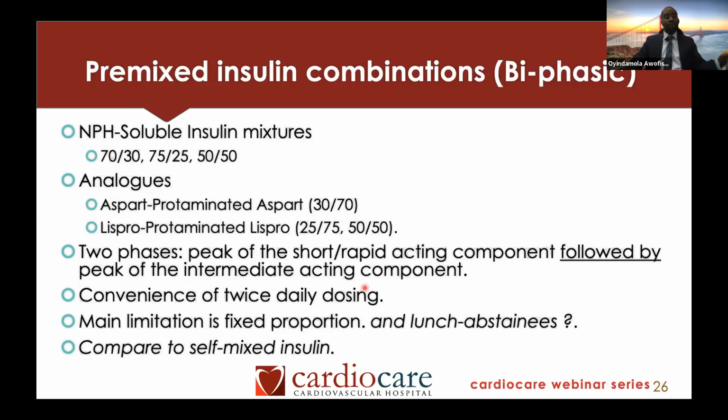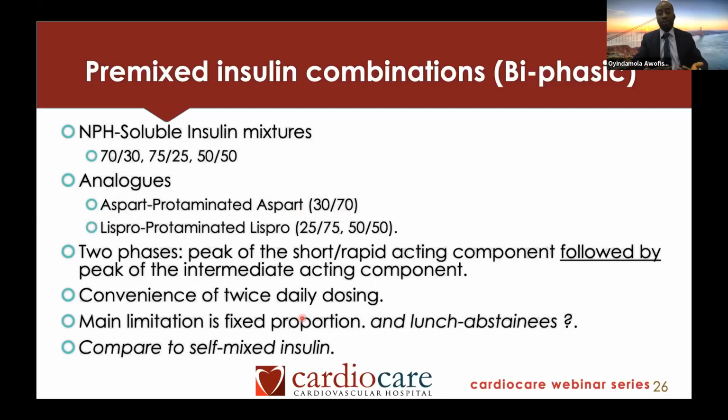The beauty of premixed insulin in people that need it is the convenience of twice daily dosing, rather than whatever we're comparing it to. In this case, I'm comparing it to a four-times daily injection basal bolus regimen. Of course, the main limitation with a premixed insulin is the fixed proportion. So in practice, instead of 70/30, someone may functionally need 20/80 or 60/40, which may not be available.